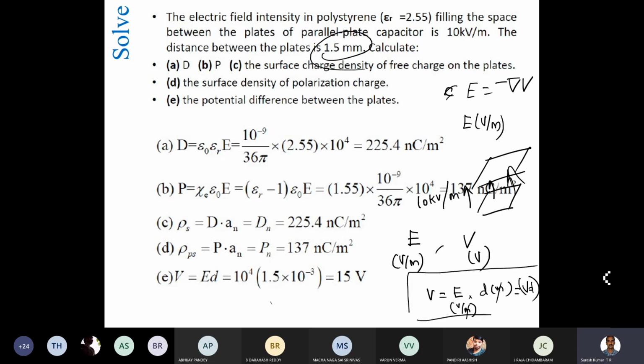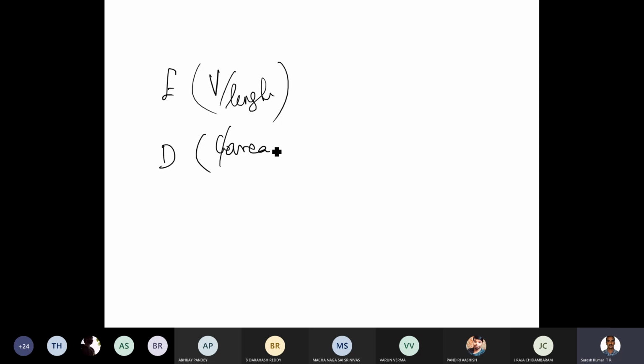You can have n number of such formulas. What you really need to understand from today's discussion is electric field is volts per length, and electric flux density is coulomb per area.